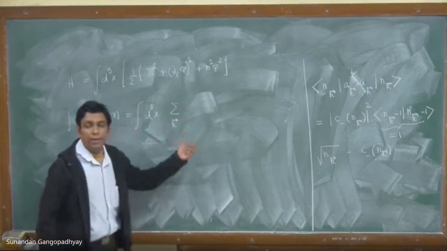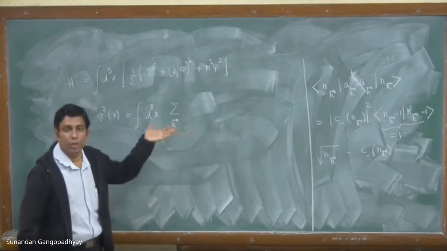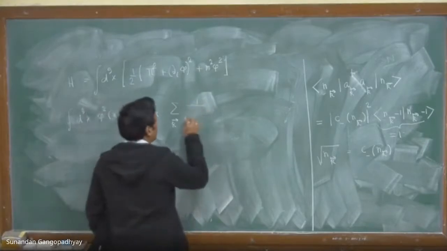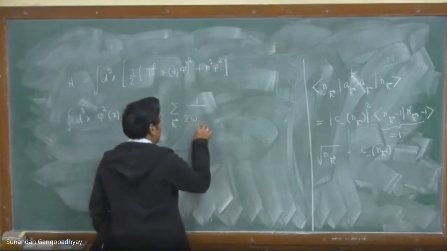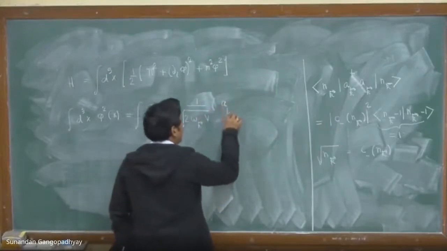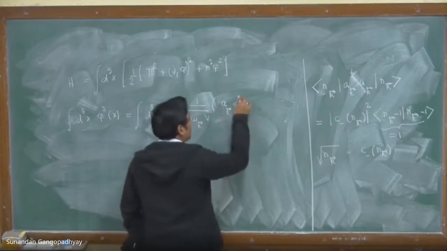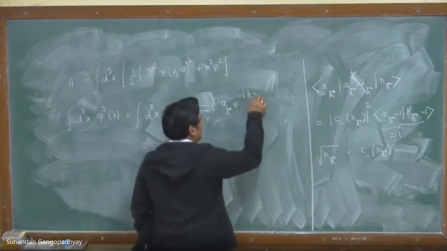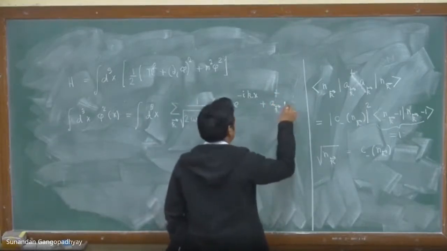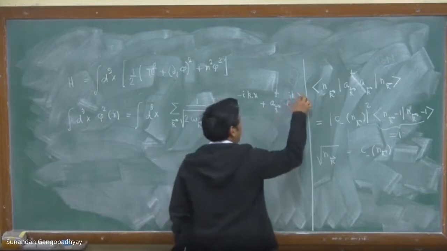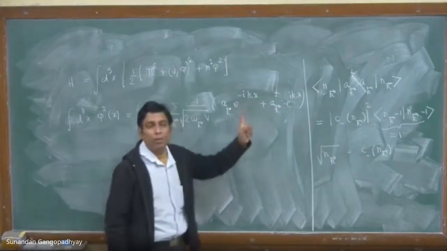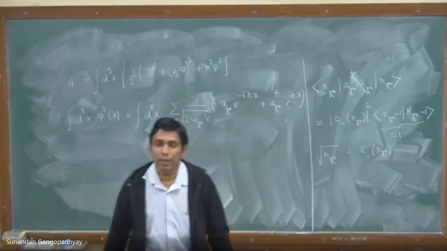This k now takes on discrete values because you have imposed periodic boundary conditions in the box of volume V, and you have this factor, and then you have e to the power of ikx, where you have to remember that not all the components of the 4-momentum k are independent.